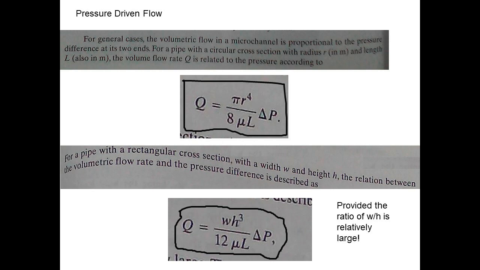For a pipe with a rectangular cross section, Q is W times H cubed, divided by 12 eta L, times the difference of the pressure.